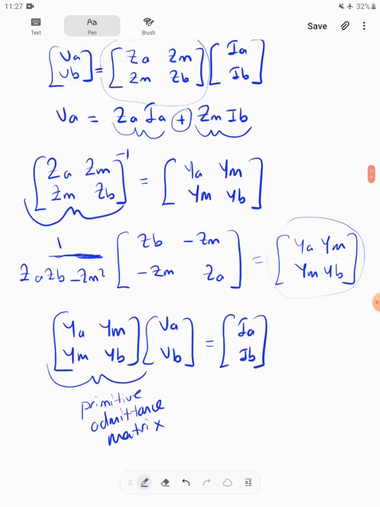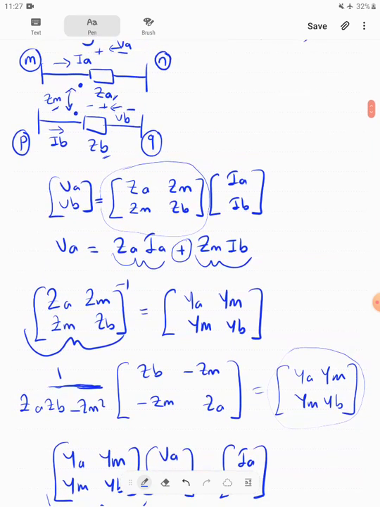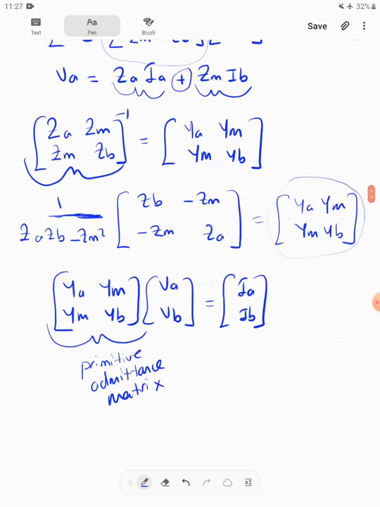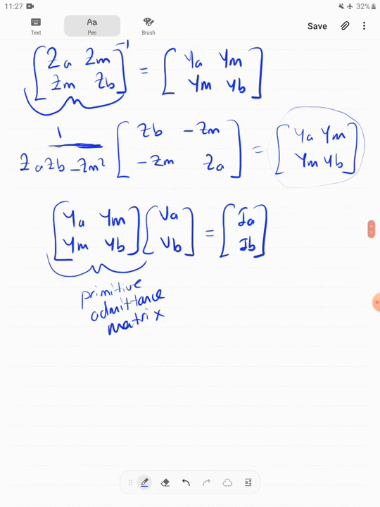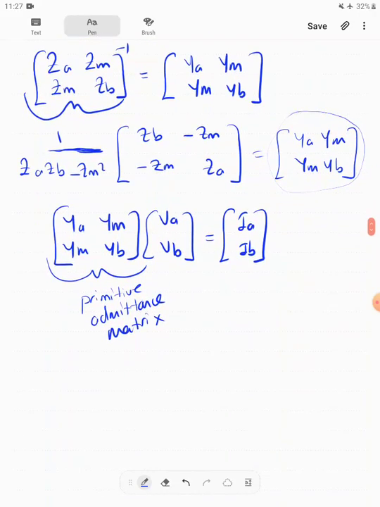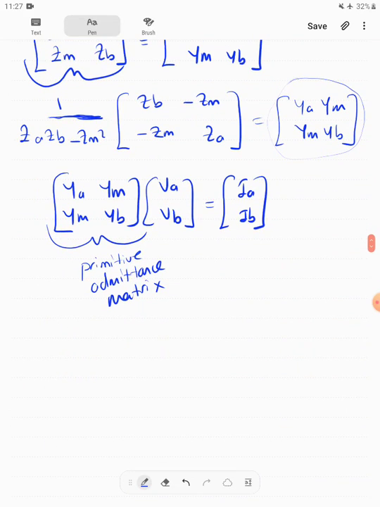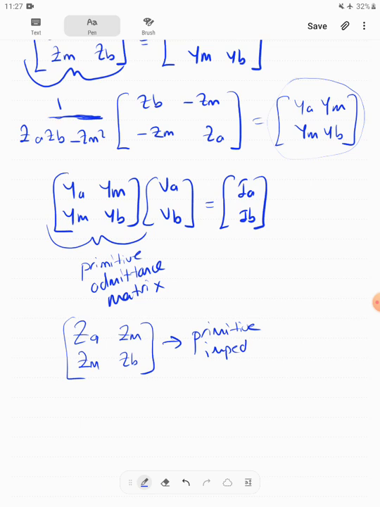While the previously found impedance matrix is called the primitive impedance matrix. So, let's write again, ZA, ZM, ZM, ZB is called the primitive impedance matrix.